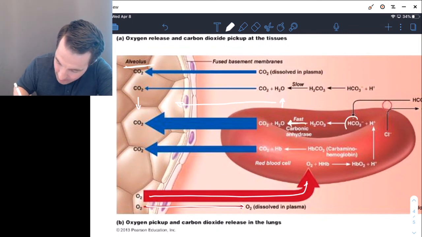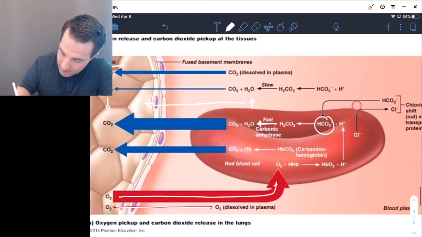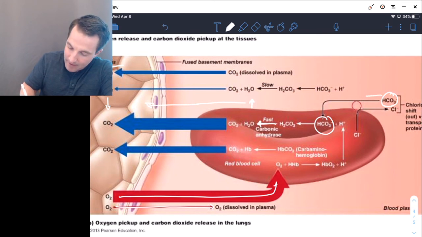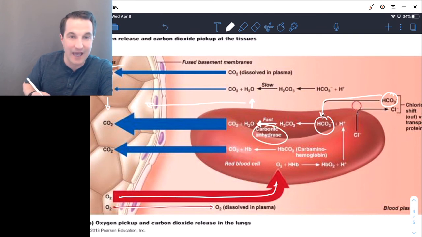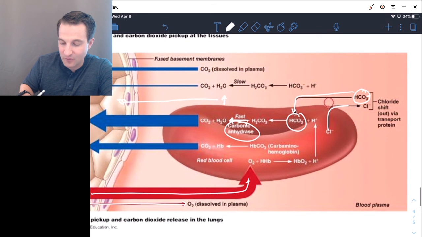So all of that carbon dioxide that is bound and outside the cell right here, here we go. We're going to start with that bicarbonate that's outside the cell. We're going to move it back into the cell because that's where we have our carbonic anhydrase that can catalyze that reaction. As that HCO3 minus moves into the cell, guess what? We have the exact opposite of the chloride shift.